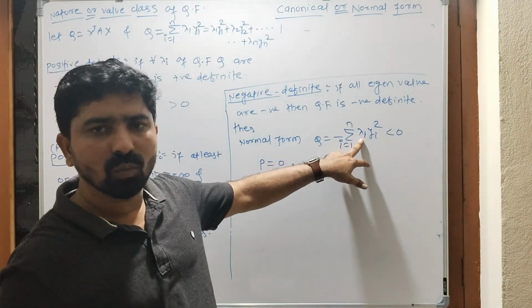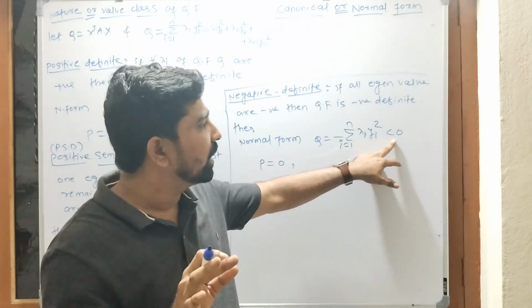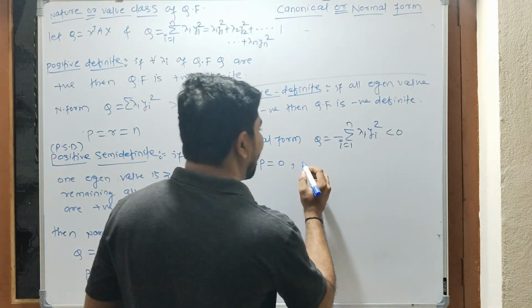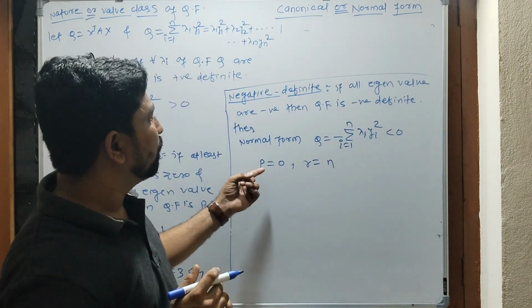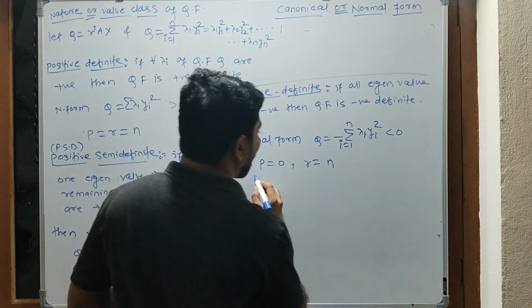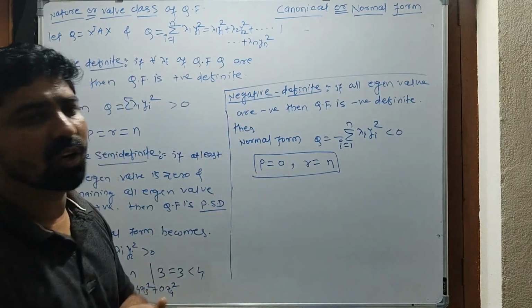Lambda 1 is non-zero, that is negative but non-zero, lambda 2 is negative but non-zero, and so on. Lambda n is negative but non-zero. So can I write r equal to n? So here p equal to 0 and r equal to n. This is the relation between p, r and n in terms of negative definite.